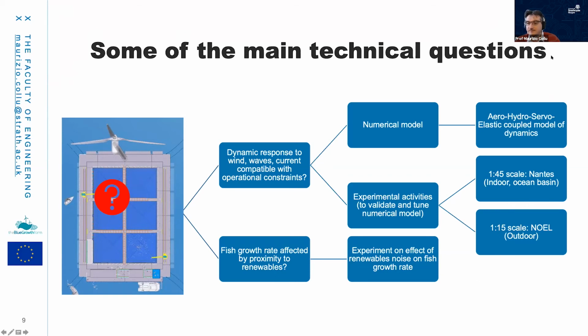And in order to validate it, we developed two experimental activities. One, an indoor ocean basin activity at the Centrale de Nantes at a scale of 1 to 45, and one outdoor activity at a 1 to 15. And then there have also been indoor experiments to double check the effect on fish growth rate.